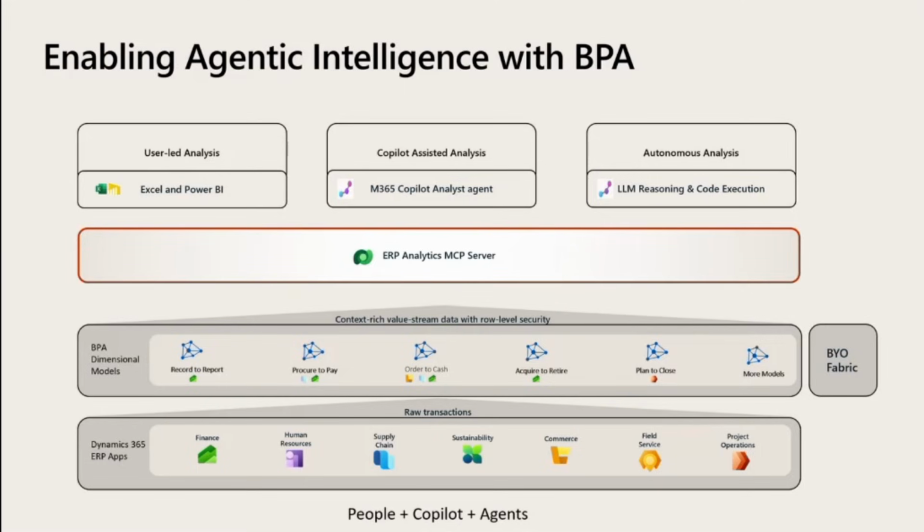The MCP server becomes this layer of abstraction that enables your specific use cases and applications to talk to BPA dimensional models and Dynamics 365 ERP applications instantly and very easily. Now, if this diagram still seems a little complex, let me show you something a little bit more concrete. Next slide, please.